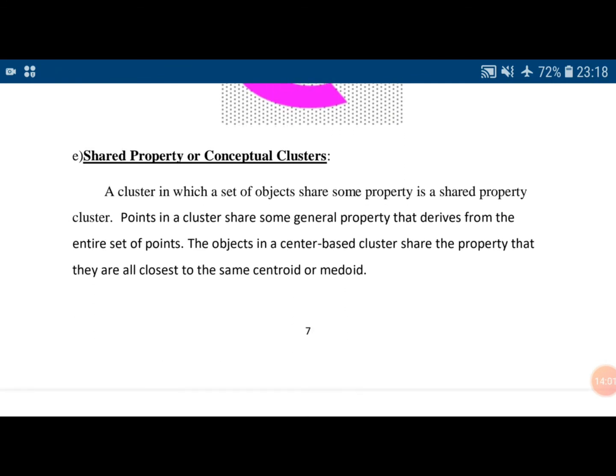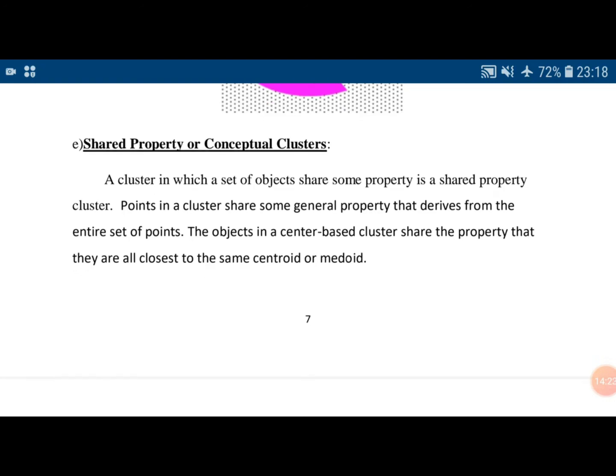Next, shared property or conceptual cluster. Till now we have seen that each and every cluster has some properties that are completely different from the other clusters.